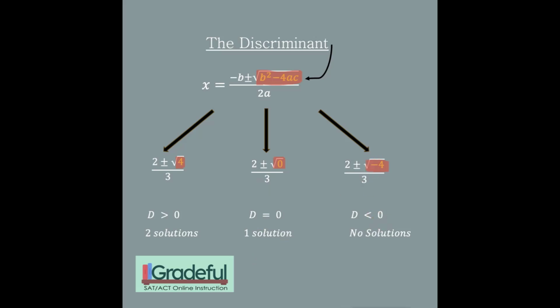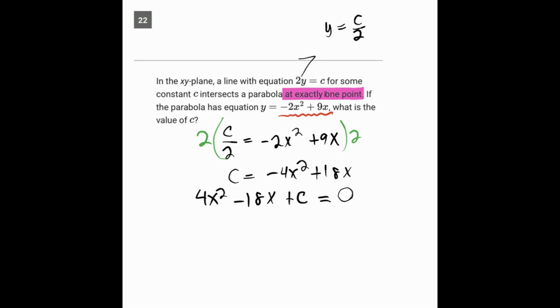So when this question tells us that there's one solution, it's telling us that b squared minus 4ac equals 0, with this being a, this being b, this being c. So b squared minus 4ac, negative 18 squared minus 4 times 4 times c.